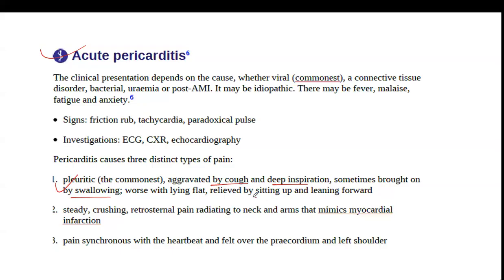It is relieved by sitting forward, but worse with lying flat. And most of the time you will get that the patient had a recent viral illness. Apart from virus, it could be connective tissue disorder, like an SLE patient can have this. Could be uremia, someone who has got severe kidney failure, they can get it. Even a post-MI patient can get it.